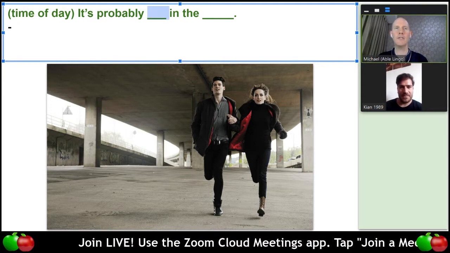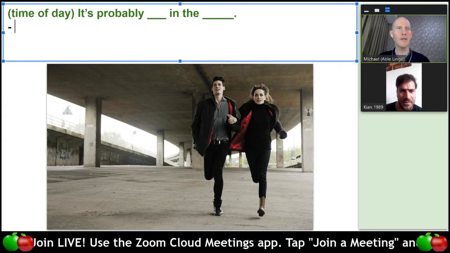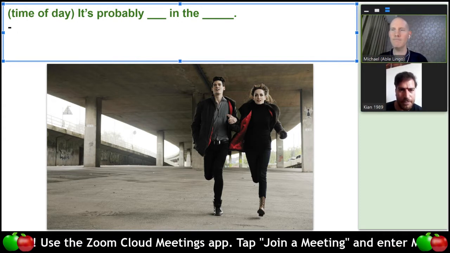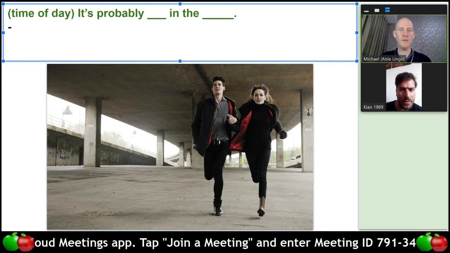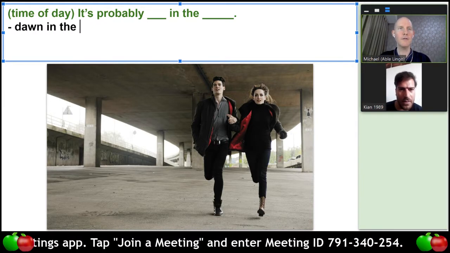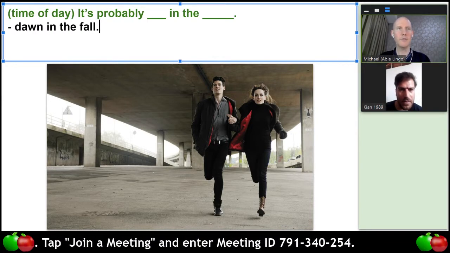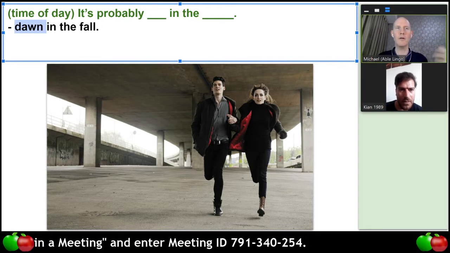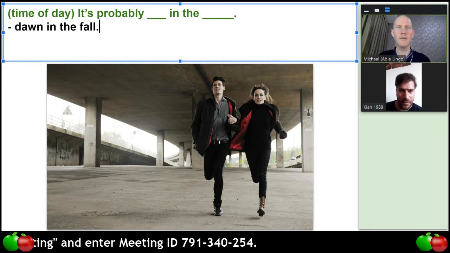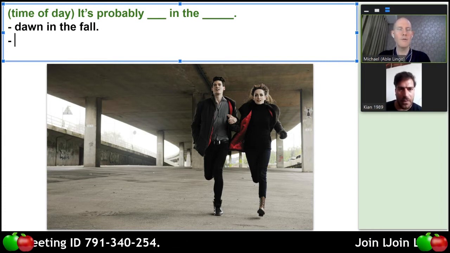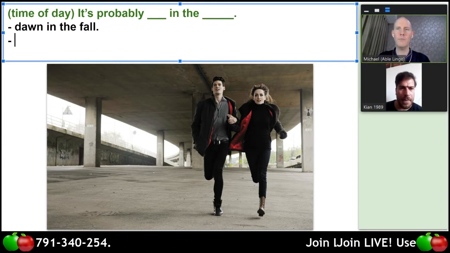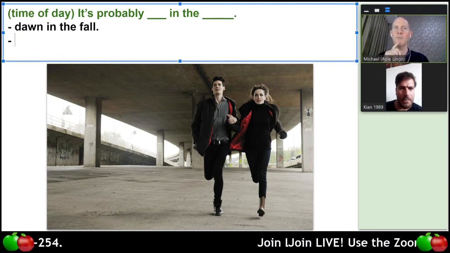Let's take a look. How would you finish the sentence? How would you fill it in, Kian? Let's see, Leah Huda said dawn in the fall. That could work. In the fall. So dawn would be like an early part of the day. In the fall would be like the season. We could also put a time.